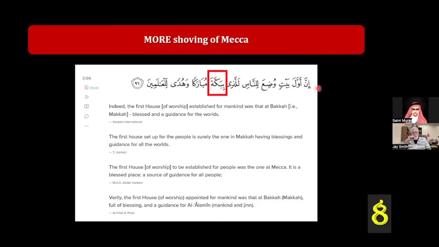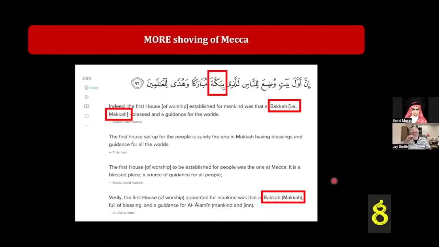You're correct. So here, these people, they say Becca, but again, they won't let it slip. Sahih International, they say Becca, then they say i.e. Mecca, an assumption built on the standard Islamic narrative, or I call it sometimes standard Islamic hoax. And here Hilali and Khan, he says Becca, and then he says Mecca. How so?